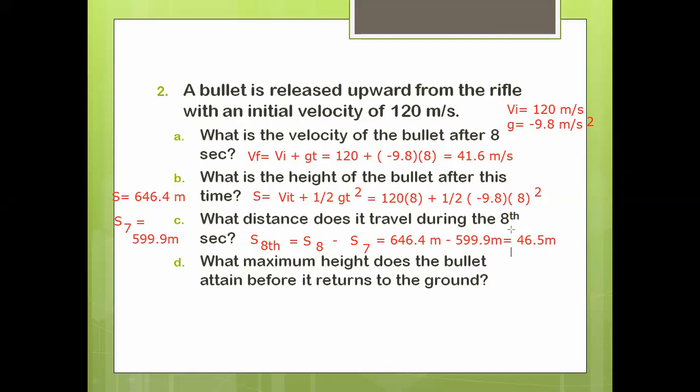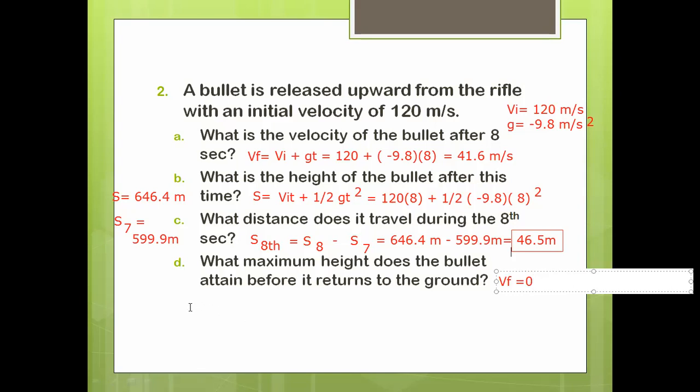Now, our next number is to solve for the maximum height. We know that the maximum height is reached when V sub F becomes 0. When V sub F becomes 0, that's the value when it is going up, then the maximum height is also attained.